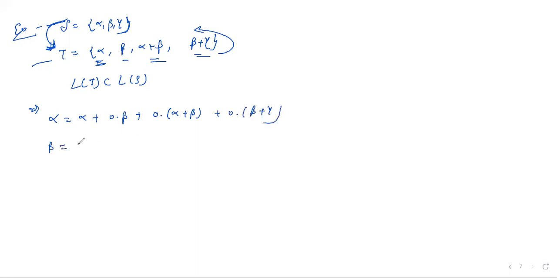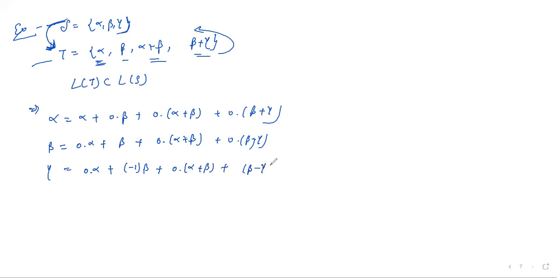If I have to write for beta, then it becomes 0 alpha plus 1 beta plus 0 gamma. For gamma, I'll write it like 0 alpha plus minus 1 of beta plus 1 gamma. So each can be written as their linear combination.